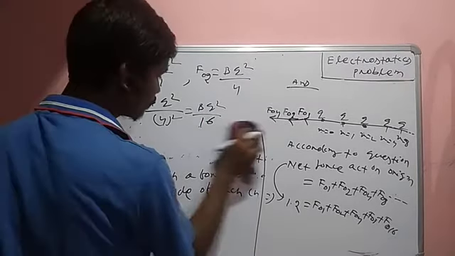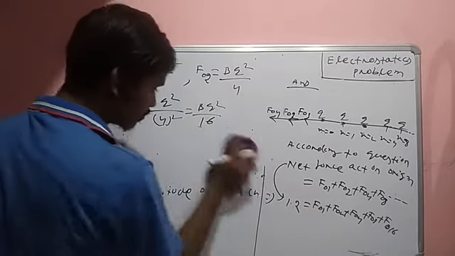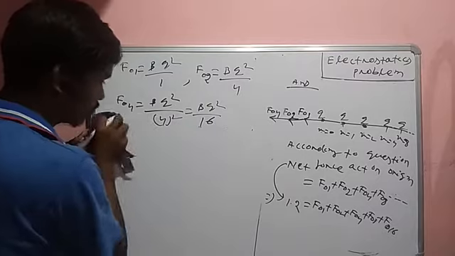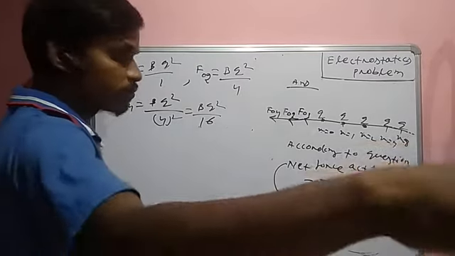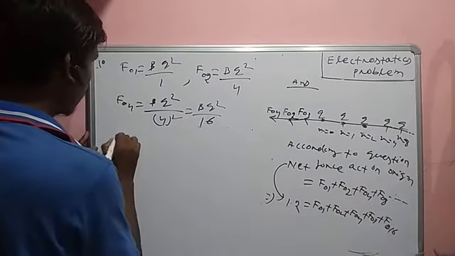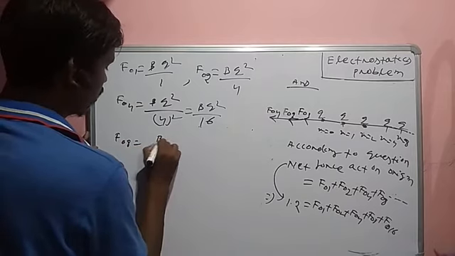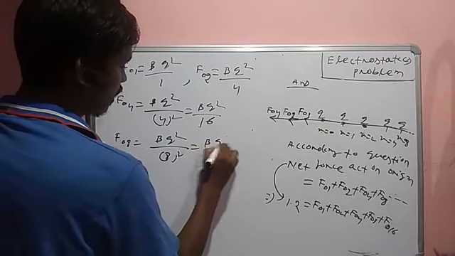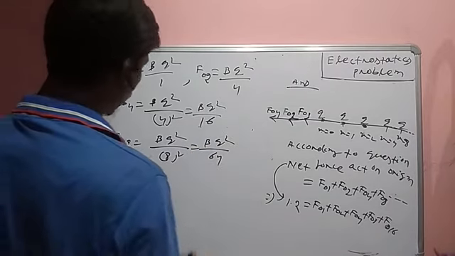Similarly F08 is k q squared by 8 squared, equal to k q squared by 64.